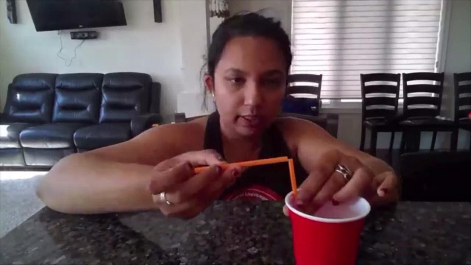While we're doing that, I'm going to ask everyone to think about what will happen when you blow across the top of one straw while the other one is in the water. I'm putting one piece of the straw into the water and holding it down, and I'm going to put the second one at a 90-degree angle, like this.